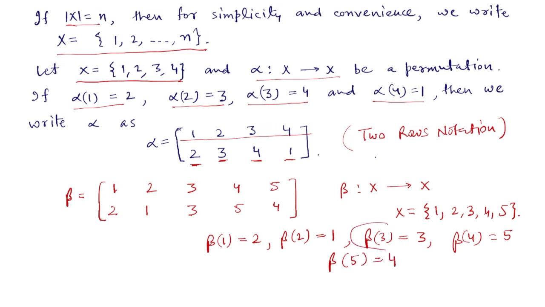Notice that beta of 3 is 3, so we say that 3 is fixed by beta. 3 is fixed under beta.